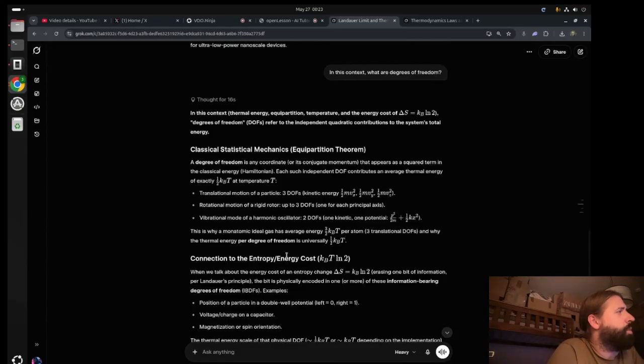So when we're talking about the energy cost of an entropy change, it's essentially how much energy we have to put into the system, but it's still not clear.